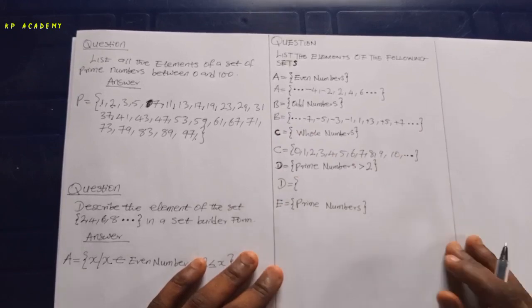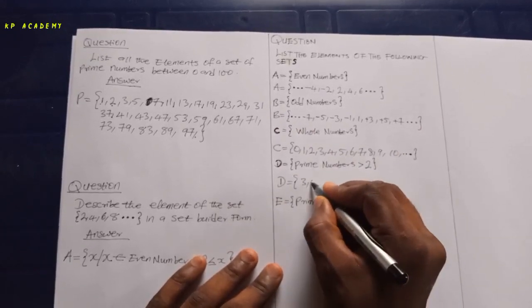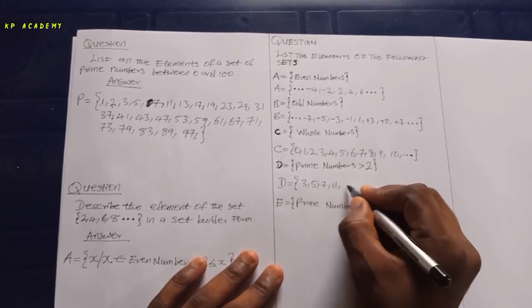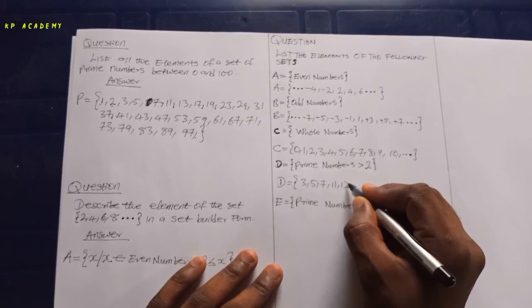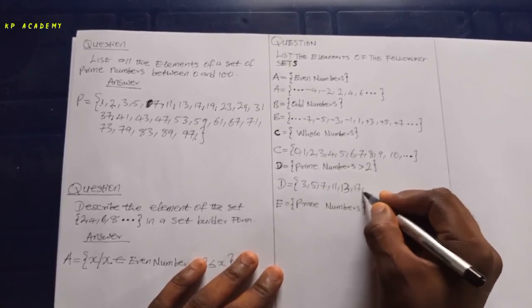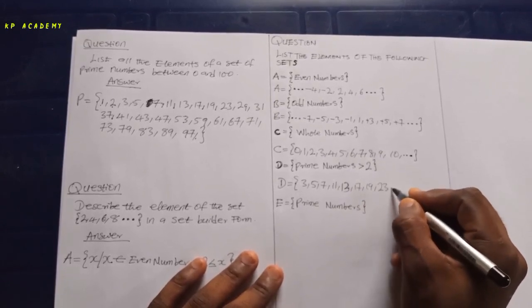So 1 and 2 are not going to be among them, but you're going to start from 3, 5, 7, 11, 13, 17, 19, 23, and so on.